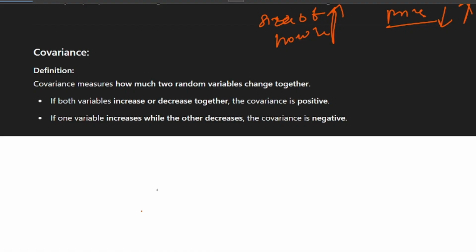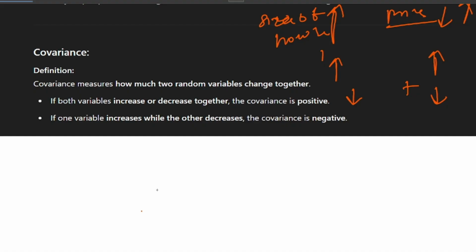Covariance measures how much two random variables change together. If the size of a house is increasing by 1 unit, then how much is the price increasing or decreasing? If both variables increase or decrease together, the covariance is positive. If the size of the house is increasing and the price is also increasing, then the covariance is positive. If the size of the house is decreasing and the price is also decreasing, then it's also a positive covariance, right?